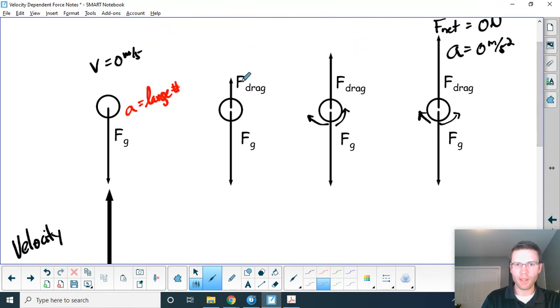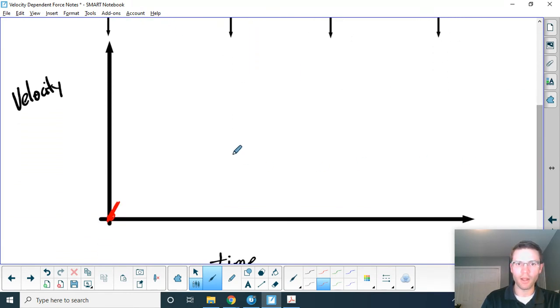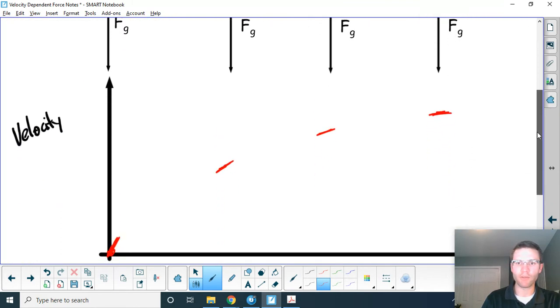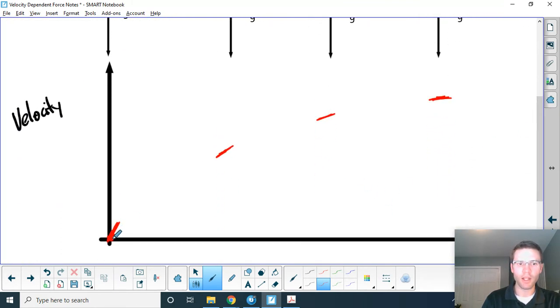And then as we get some drag, our acceleration decreases a little bit, but we're still accelerating here because force of gravity is greater than our force of drag. So at this point, later on in our graph, we have a little bit less of a slope, and then even less of a slope here. And as we end this, our slope would be horizontal. When our acceleration is 0, the slope of the velocity versus time graph should be 0. And so we get a graph that looks like this. See if I can sketch this in here. And it flatlines here.